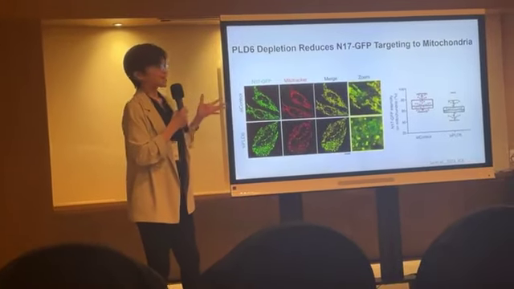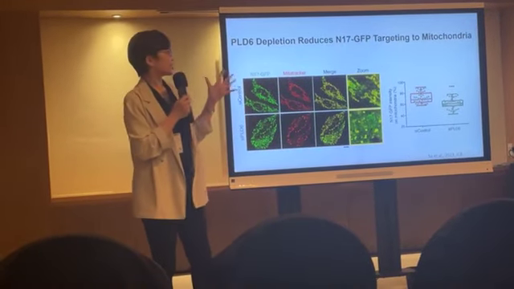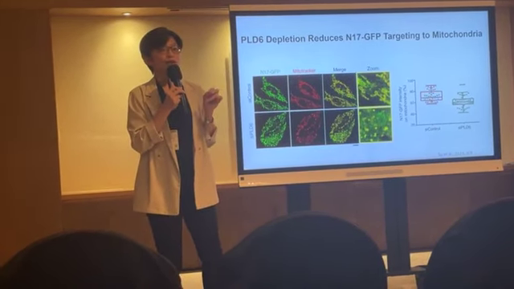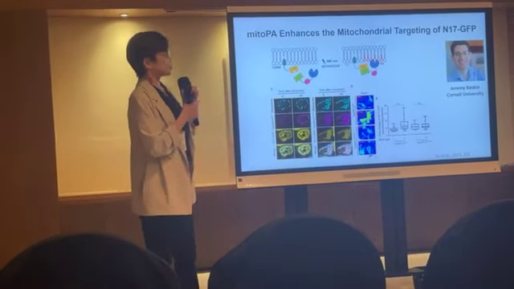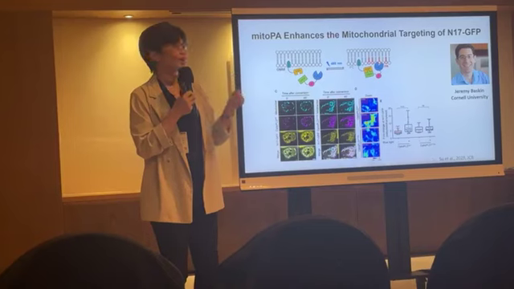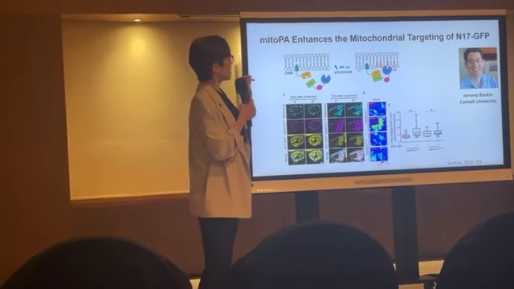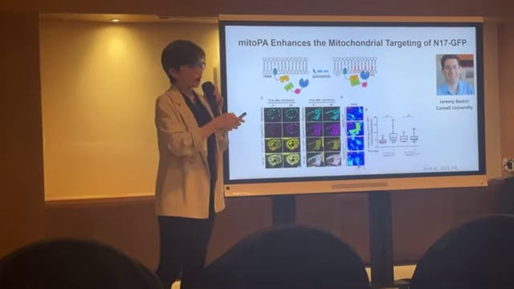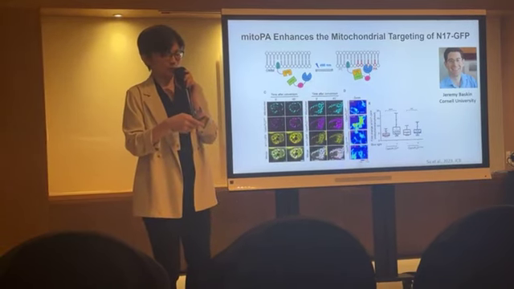Okay, so next we wondered whether the mitochondrial targeting ability of the N17 of NMD3 really depends on the PA generated by PLD6. Either by knockdown of PLD6 or using an optogenetic approach to increase the phosphatidic acid amount on the mitochondrial membrane, we did see that PA abundance affects the mitochondrial targeting ability of the N17 region of NMD3.